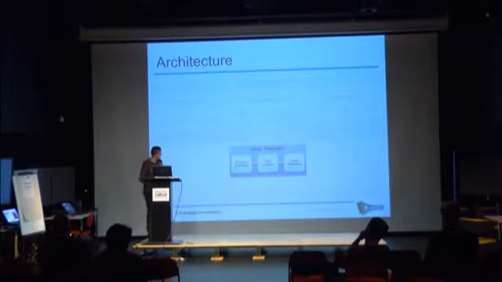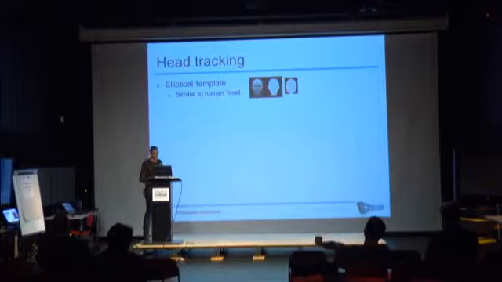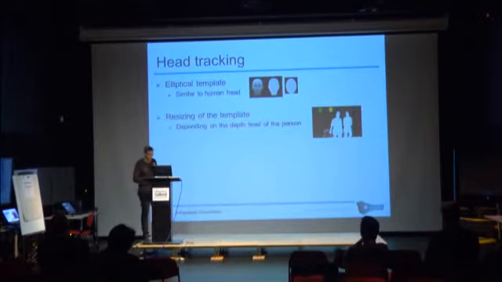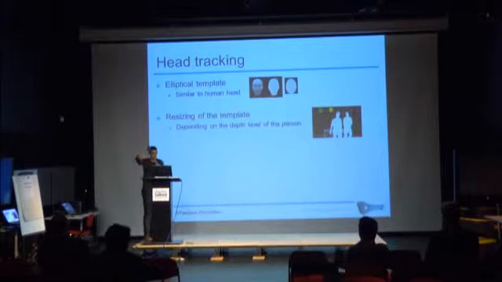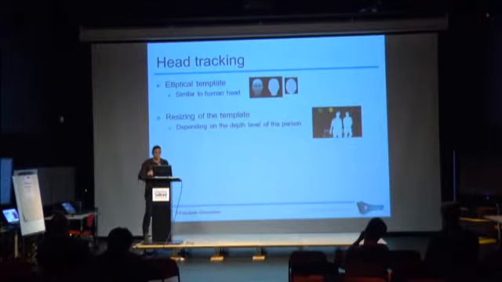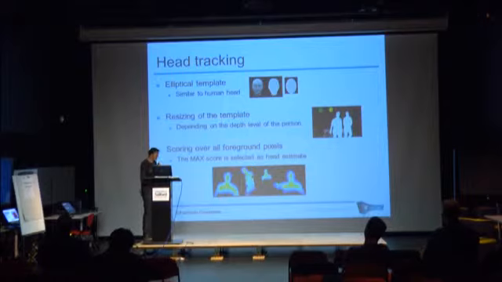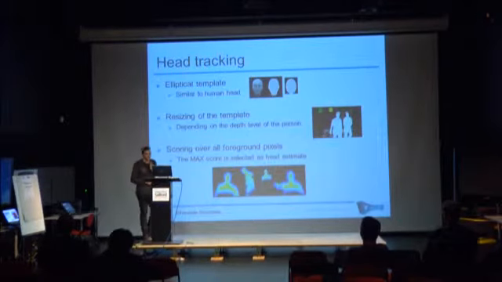So if we move on for a little bit, I'll talk to you about the head tracking. To locate heads, we basically use an elliptical template, which is similar to the human head. We resize the template based on the depth of the things appearing in the depth map, and we measure the similarity between the pixels and this elliptical template.